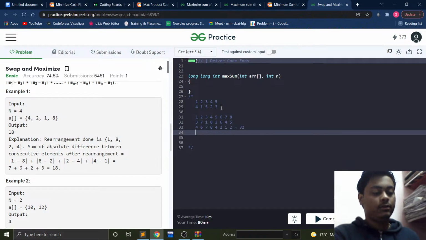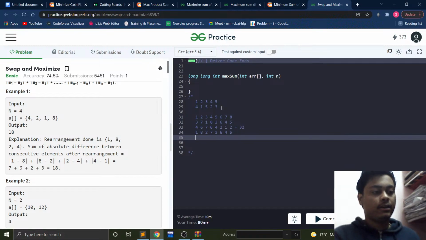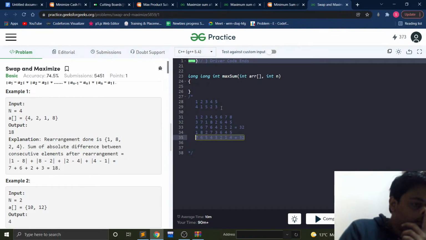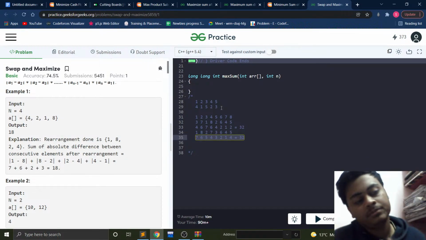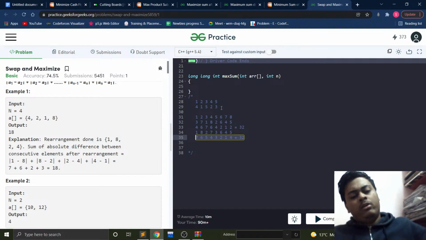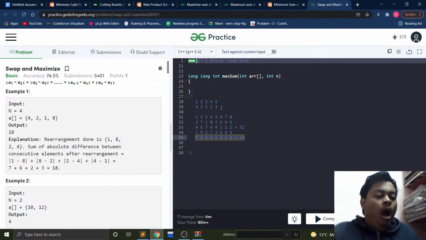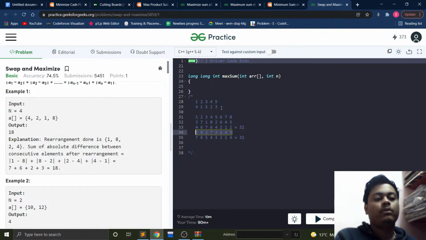And what if I do this? I'll get 7 6 5 4 3 2 1, and then again a 4. How much is this? 28 plus 4, 32. In this case I'm getting the same value as the original thing. What is the last thing I'm adding?